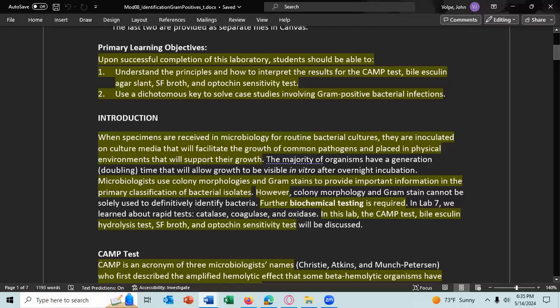Let me mention that the dichotomous key you're using in today's lab should only be used for this lab. It should not be used for any other lab, nor for your unknown project. Any question about any of that?